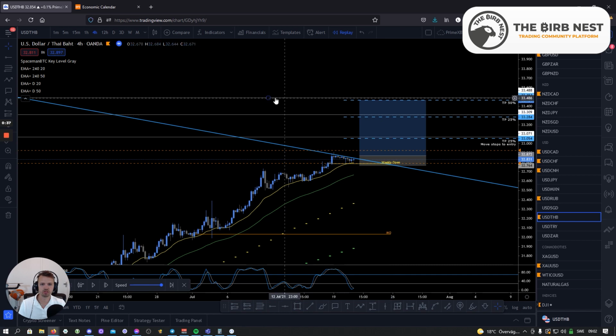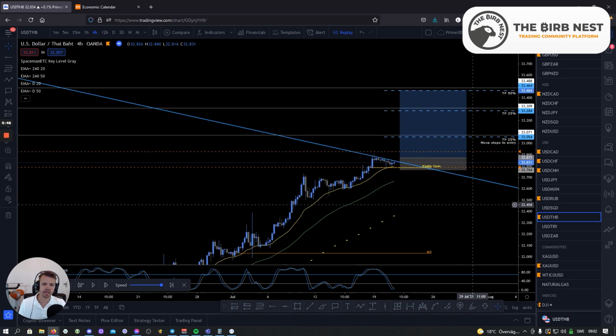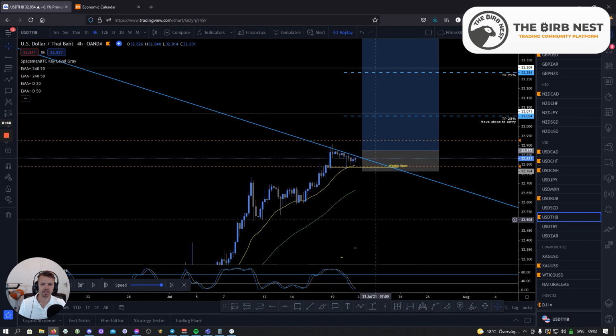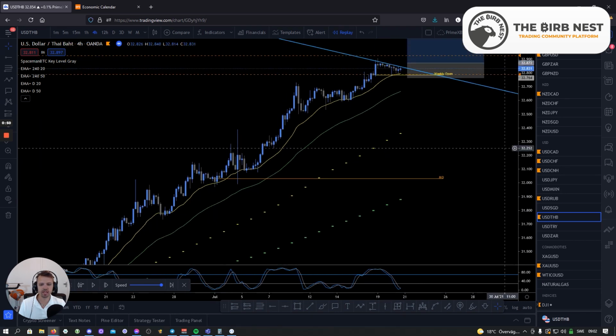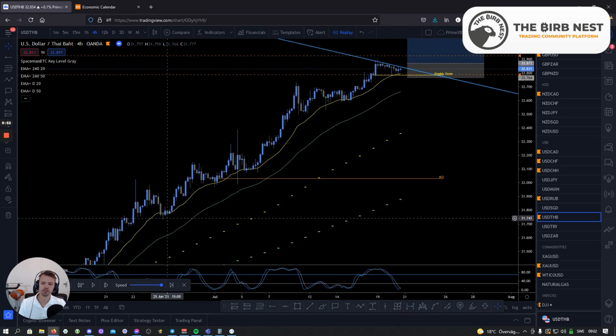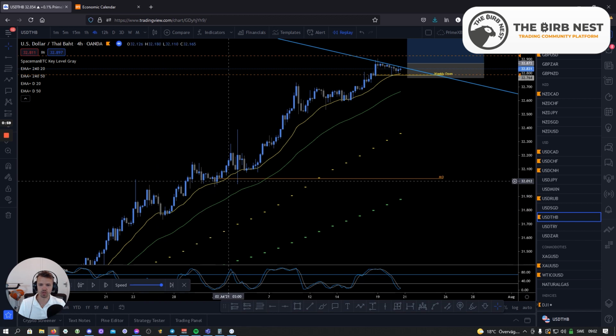I marked out 3 horizontal levels here based on historic price action to the left, like major resistance areas, right? And the entry is based on the fact that if you look at the behavior of the trend here, you will see that price is bouncing very nicely off the 20 EMA on the 4 hour, right?